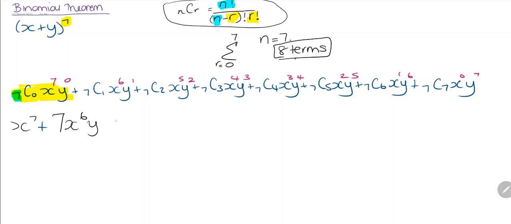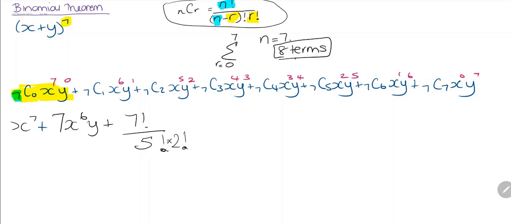So the next term, we've got 7 factorial over (7 minus 2) factorial times 2 factorial. The 7 minus 2 is 5, so this is 5 factorial times 2 factorial.